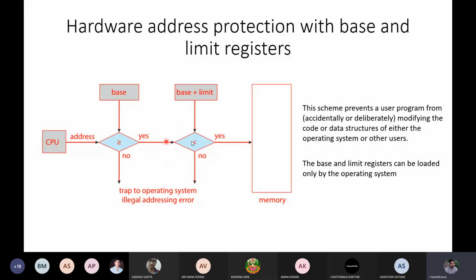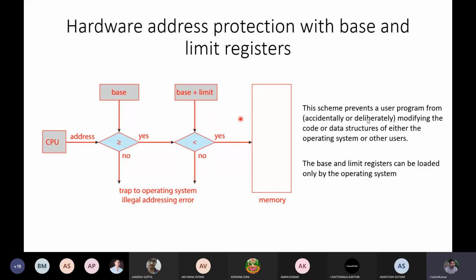This address should fall within this range only. If both conditions are true, then only it will be accessible in main memory. If either condition fails, we trap to the operating system with an illegal addressing error.